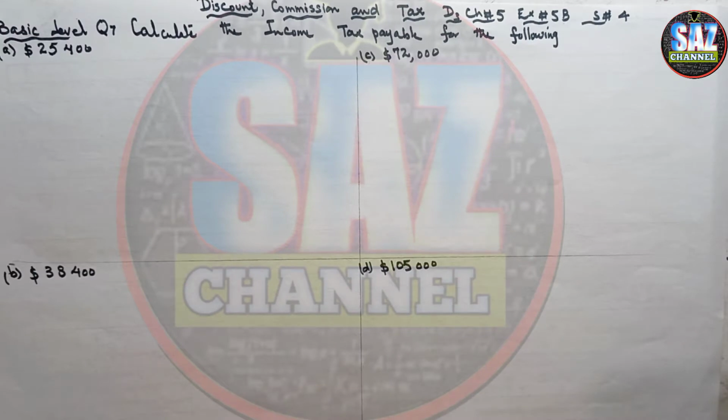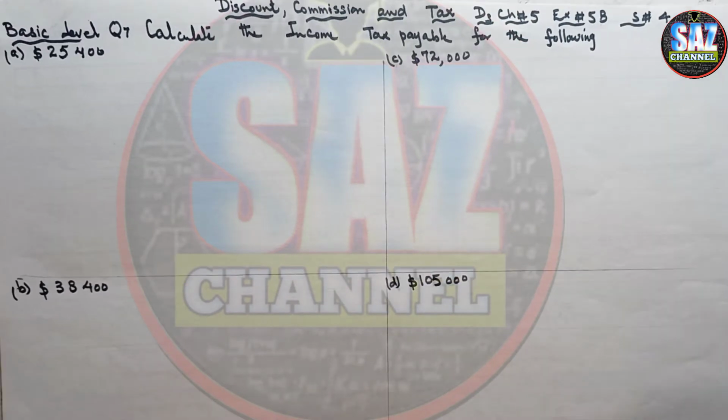Let's move to question number 6 and read the question from the book. The question says that using table 5.1, calculate the income tax payable for the given problems. There are different situations given for which we have to find the income tax payable.